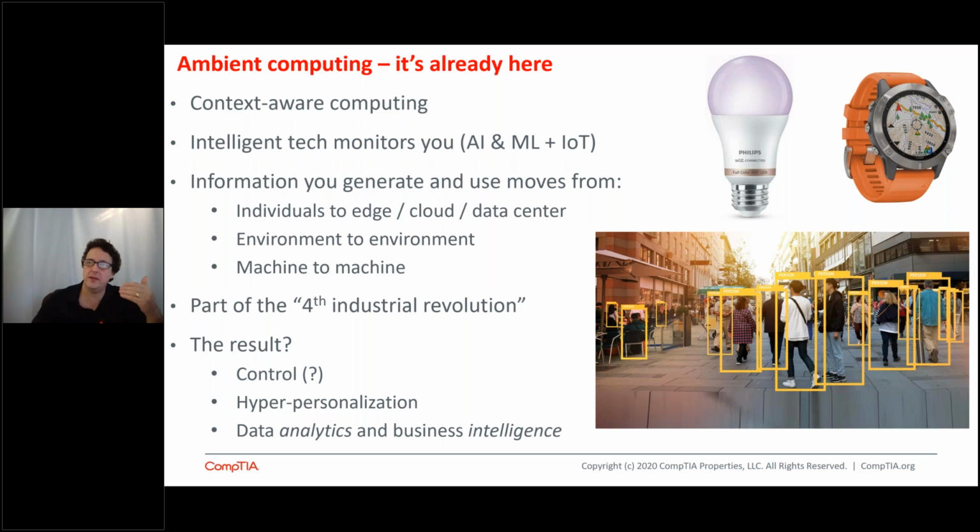As we move from environment to environment, that environment anticipates us. So the information that we generate moves as individuals move from one environment to the next, and those environments can prepare themselves for us. Now, this all sounds very future shock. It's not, it's happening right now.